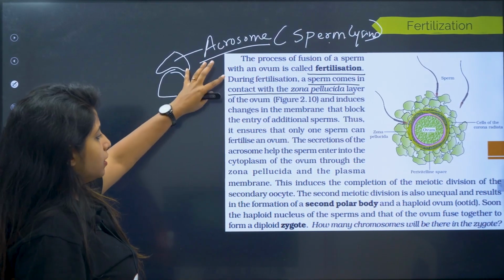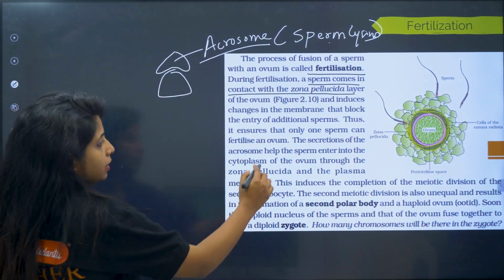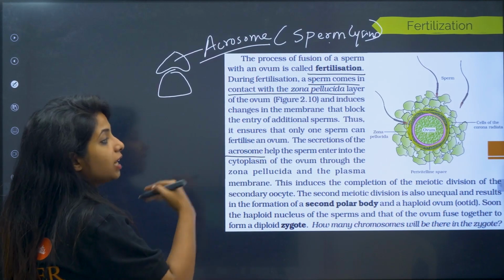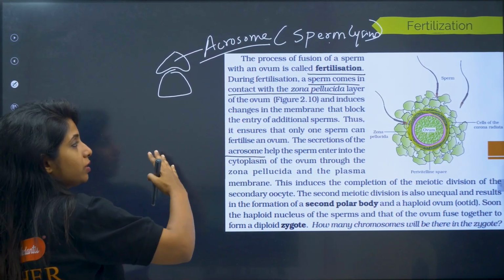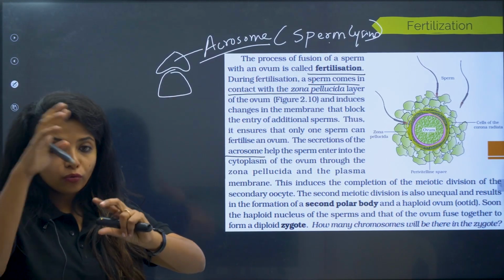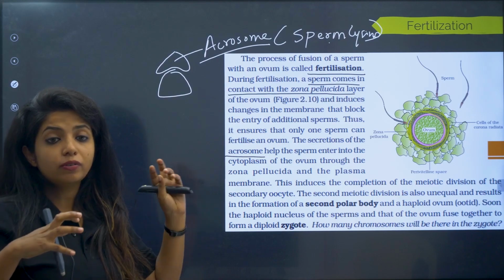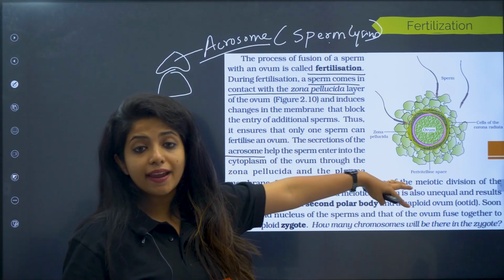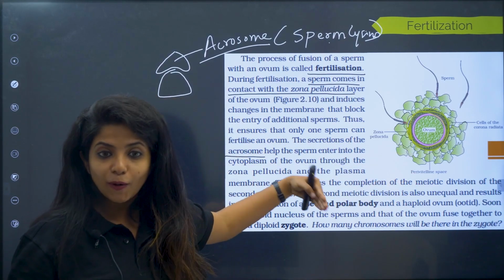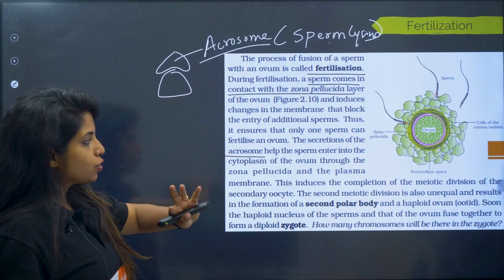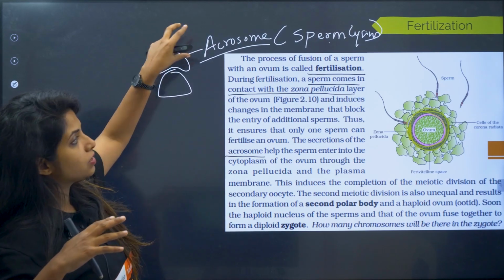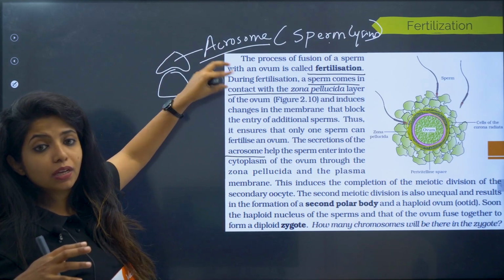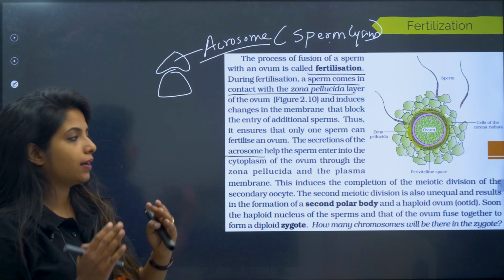So to enter into the cytoplasm of the ovum, it's not very easy because there are so many layers. There is the zona pellucida, there is an outer layer also. We'll study about that. So you have to have some secretions, certain enzymes over there, only with the help of which you can get inside.